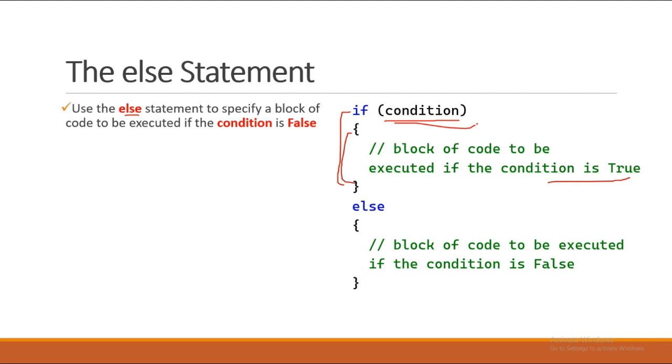But if the condition is false, then the else block is executed, between curly braces, where we write our code to be executed if the condition is false.